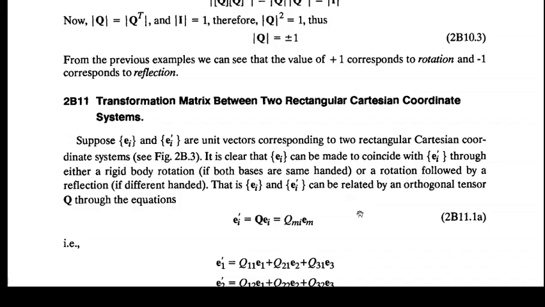This is an easy thing. And if Ei and Ei dash are different handed, then first rotation, then reflection, then you have the relation. So you will have to think about this.